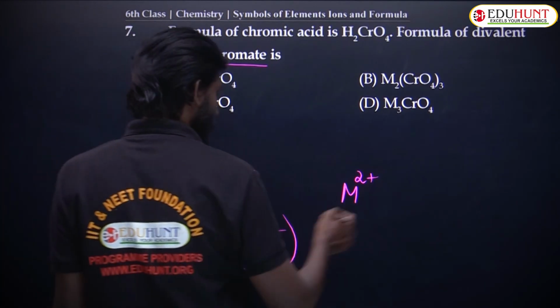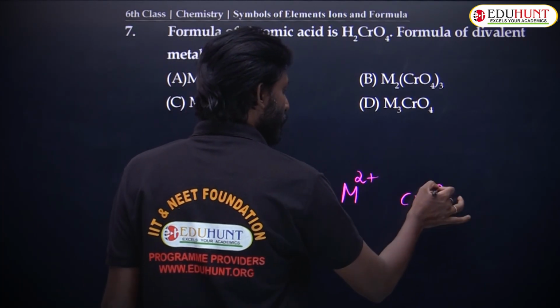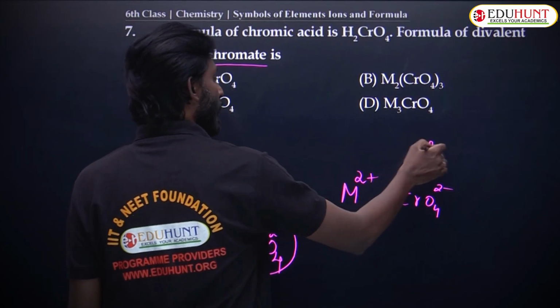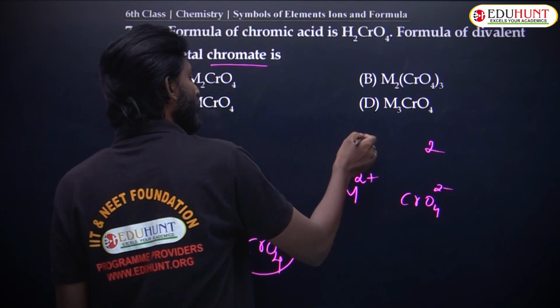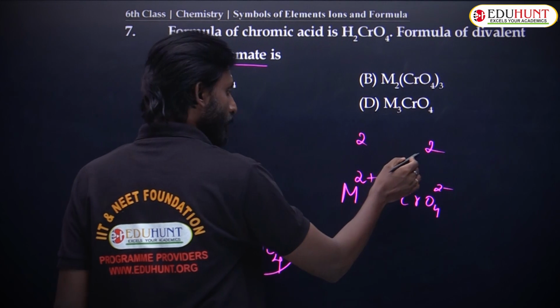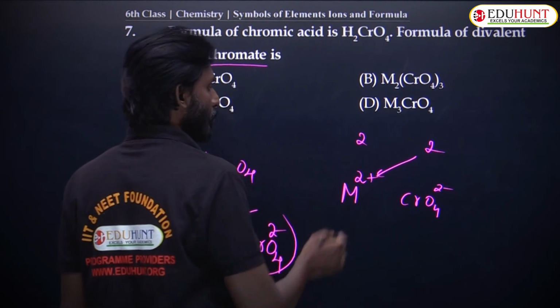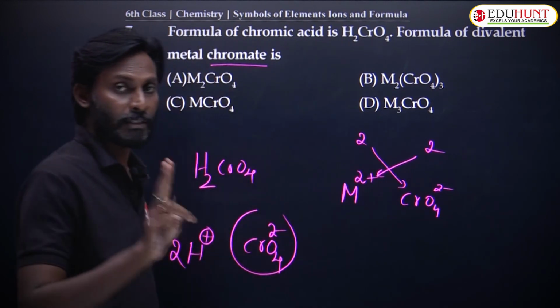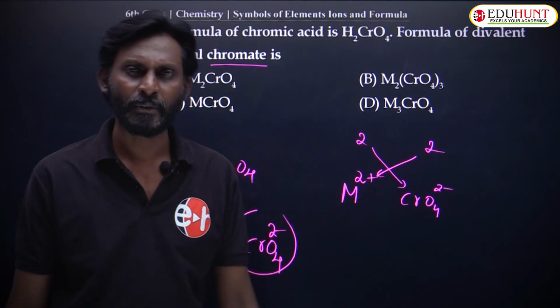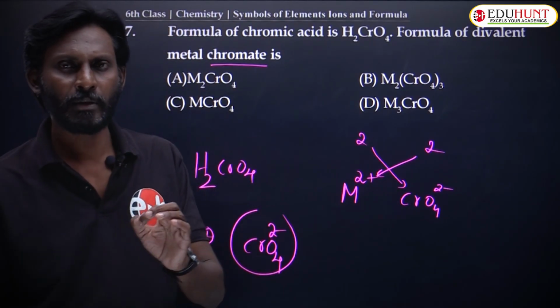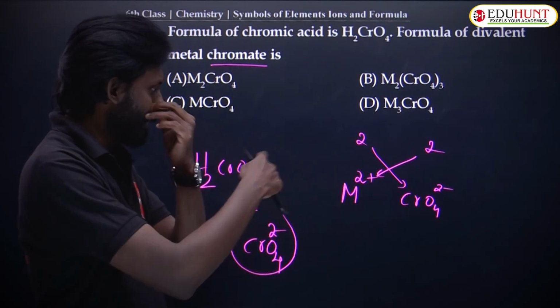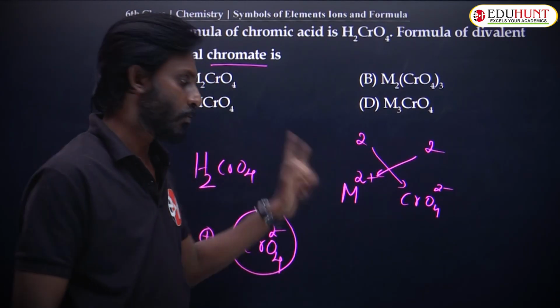Then this chromate also, CrO4 2 negative. How many units of charge? 2 units charge. How many units charge? 2 units charge. How many M do you have to take? 2. But the point is, both are divisible by a common number, so you have to reduce this by dividing with 2. Then one metal.